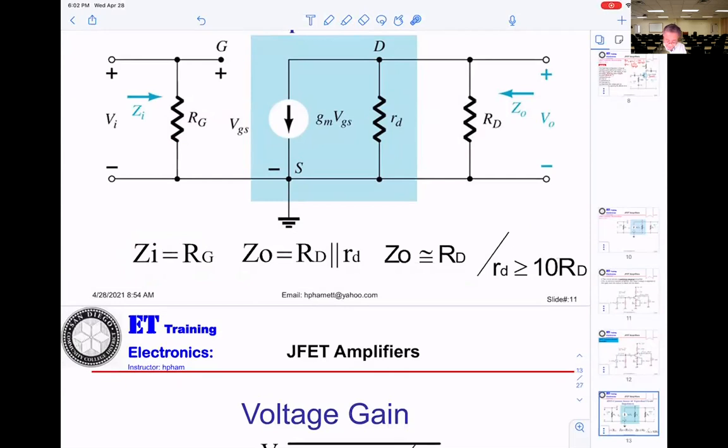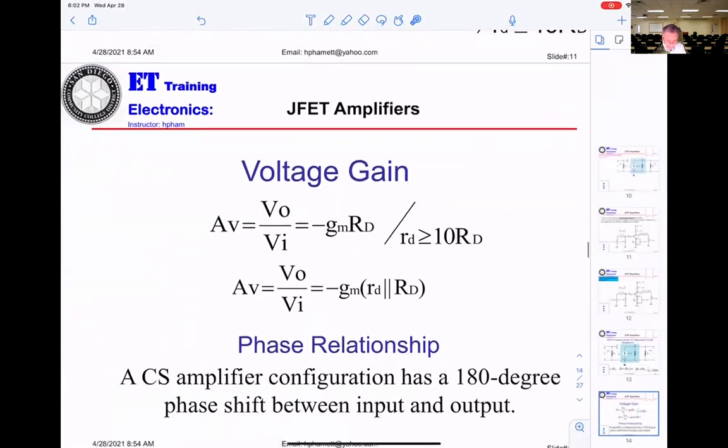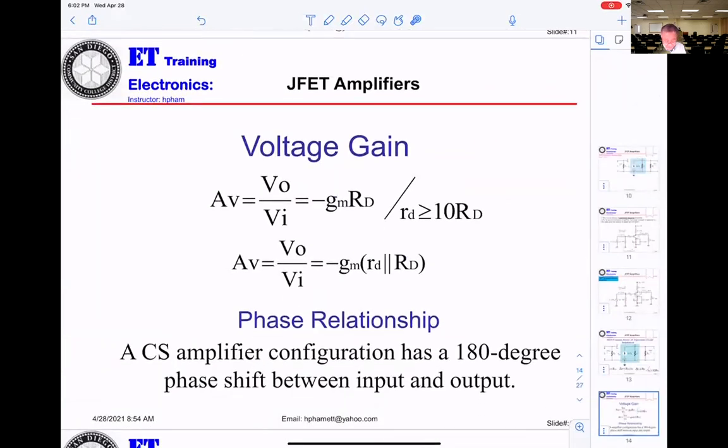However, if R small d is much bigger than R big D, then they want this formula, not this one, which takes more work. Voltage gain, V out over V in, is minus GM times RD.